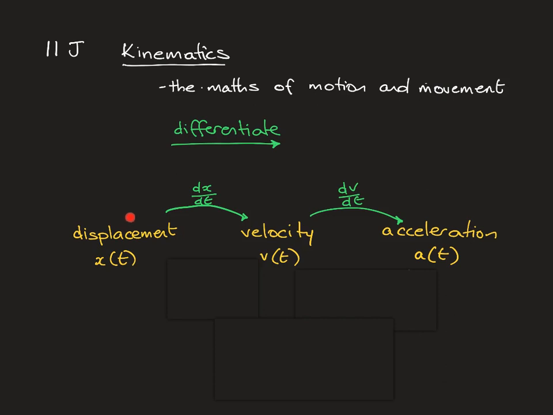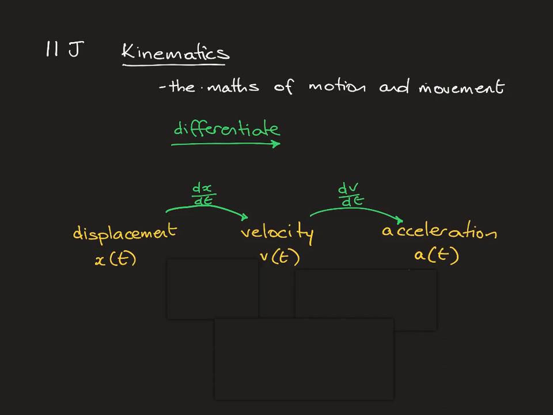We've talked about displacement or distance, velocity and acceleration, and to go from displacement to velocity you differentiate, so you find dx/dt. To go from velocity to acceleration you also differentiate, so you use dv/dt to find your acceleration.